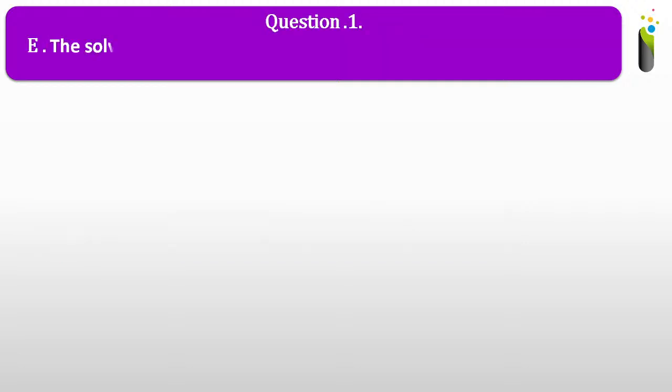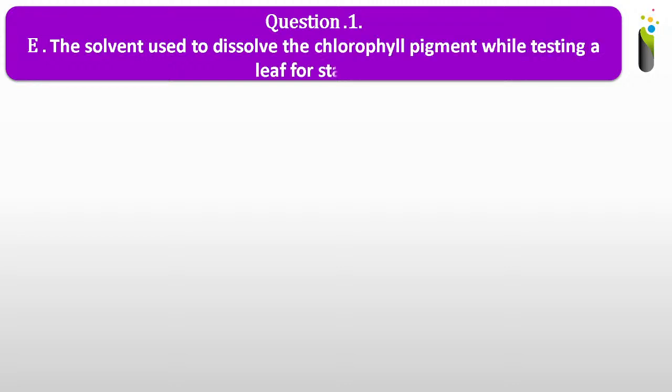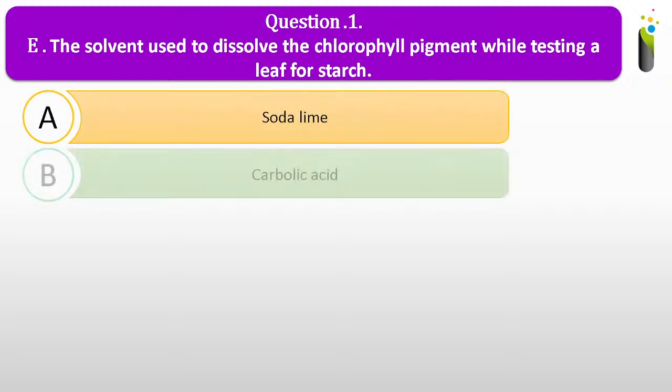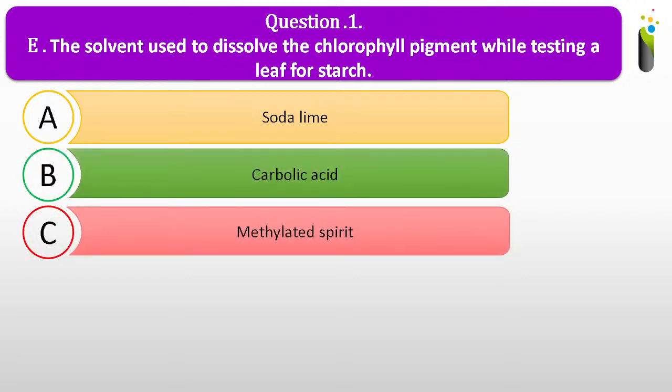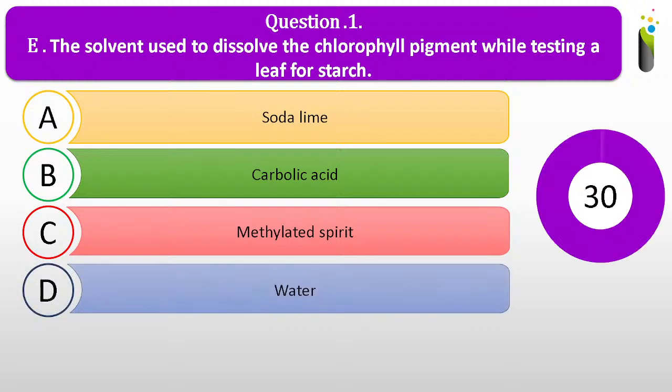Question number 1, sub-question E. The solvent used to dissolve the chlorophyll pigment while testing a leaf for starch is dash. A. Soda lime. B. Carbolic acid. C. Methylated spirit. D. Water.